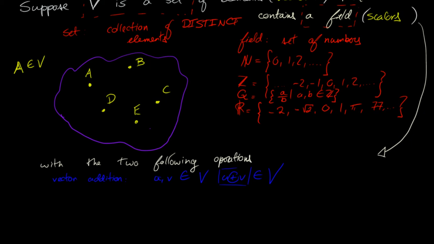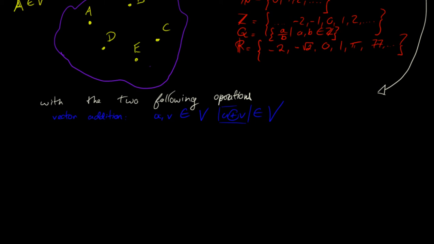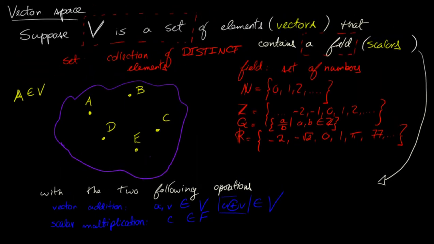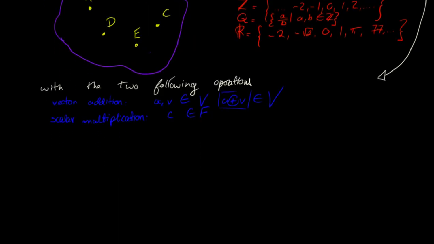The second operation is known as scalar multiplication, and it does what you think it does. You have a scalar, let's call it C, that belongs to a field. I didn't write it here, but you usually represent a field by F. So you have C that belongs to the field, and U that belongs to your vector space.